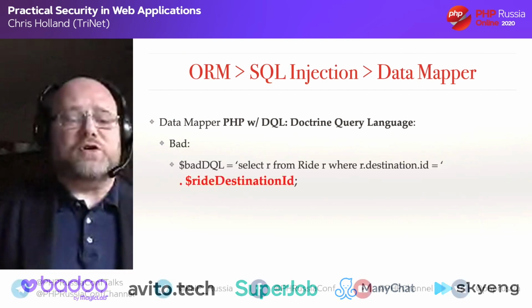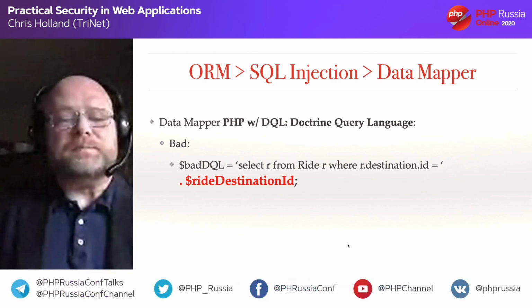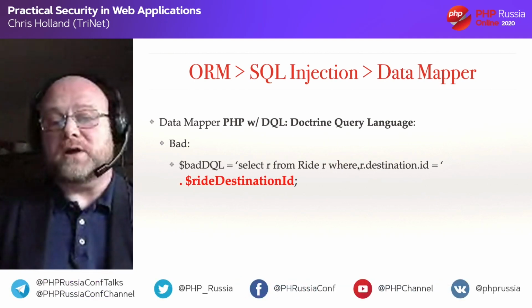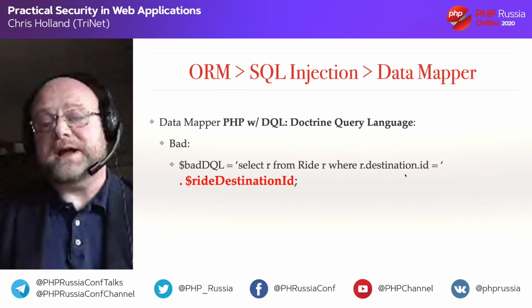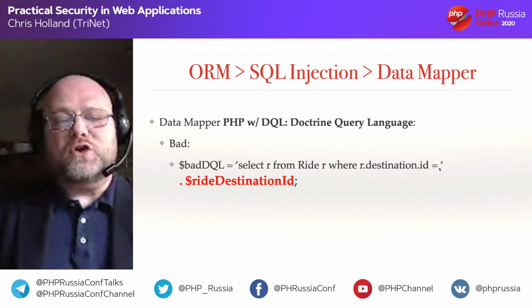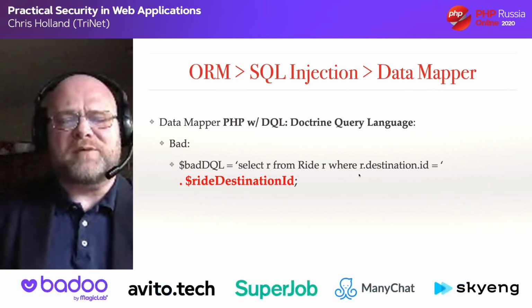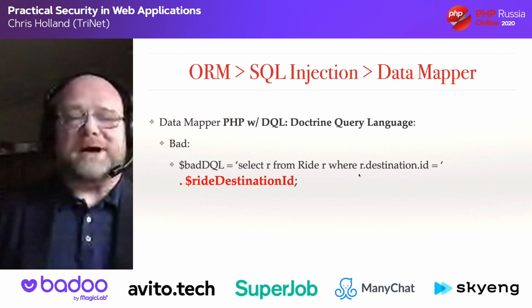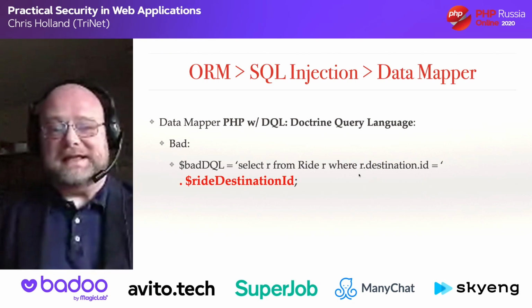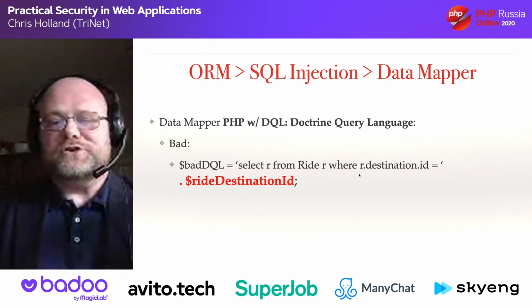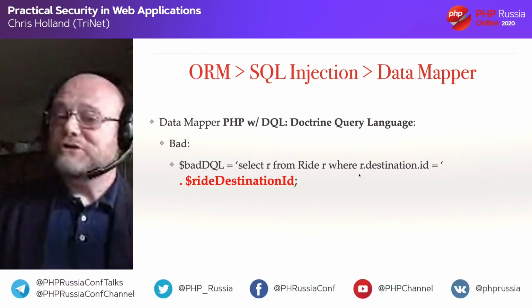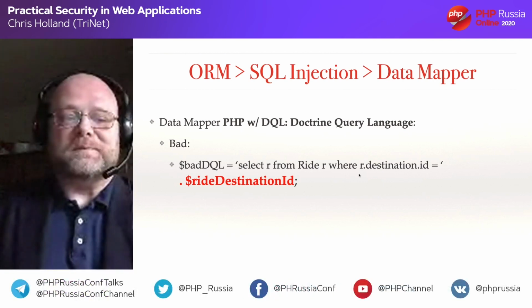If you're building a DQL where you're referencing an object, r, where r.destination.id equals, and then you append a variable to the string instead of doing a named parameter binding in your DQL as it's intended to, you're just appending what is supposed to be an integer to a string. Well, you could get in trouble, right?